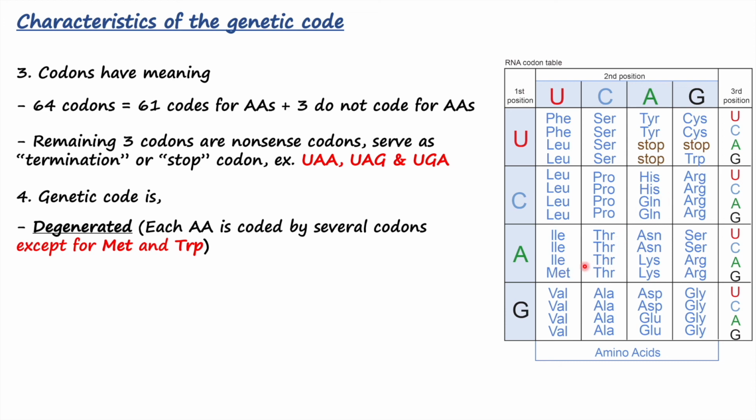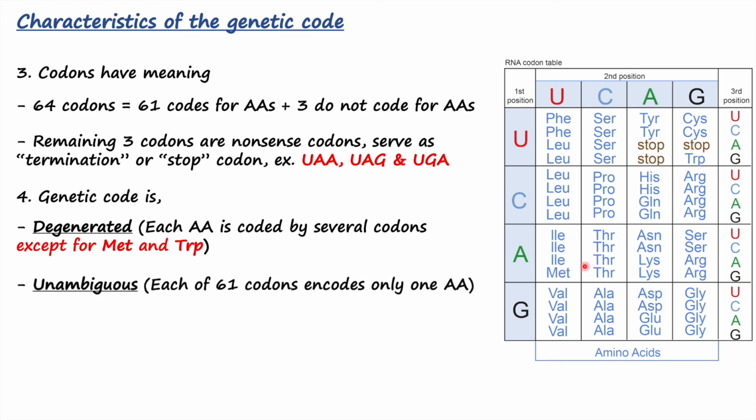Now this genetic code is unambiguous or specific, meaning that all these 61 codons only code for 1 amino acid. So if we have methionine, it is AUG, and it only codes for methionine. If we have leucine here, CUG only codes for leucine.